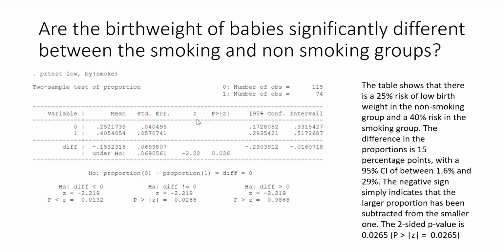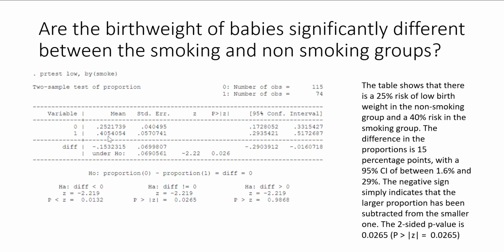All right, so I can say that on the average, children born to mothers who smoke have a lower birth weight compared to children born to mothers that do not smoke.